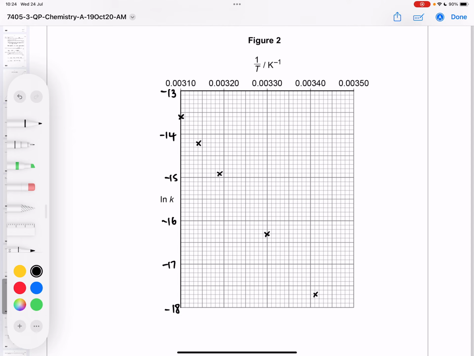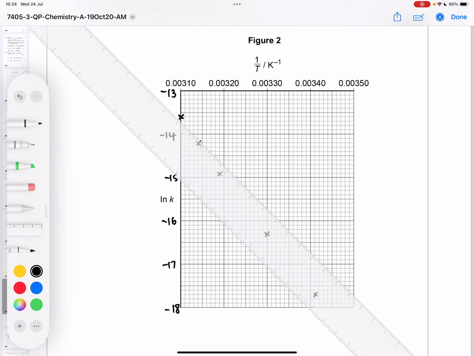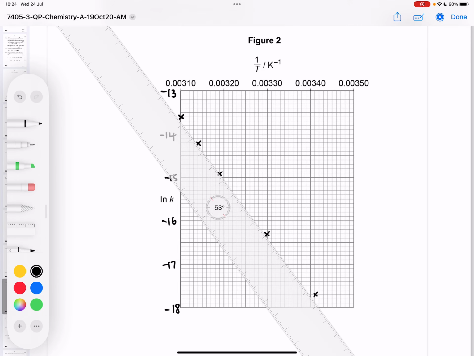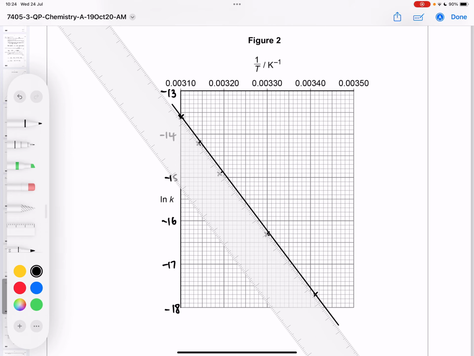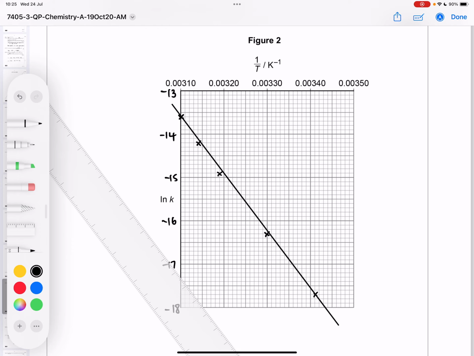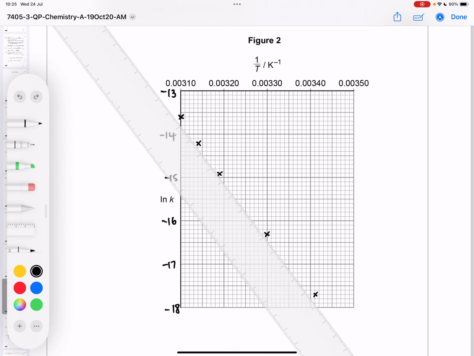We now need to put our ruler on our graph and draw a line of best fit. So equal number of points above and below if they're not exactly on the line. So I'm just going to do that again because it's just a little bit too high.